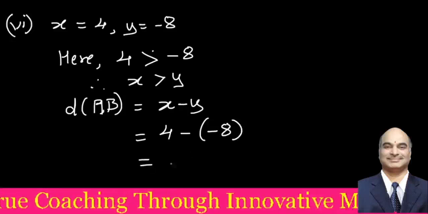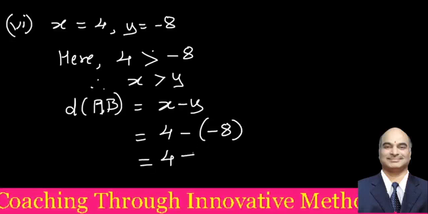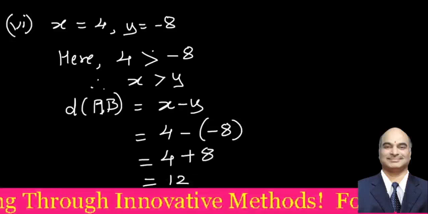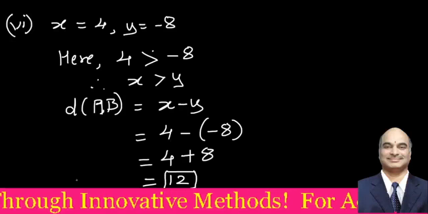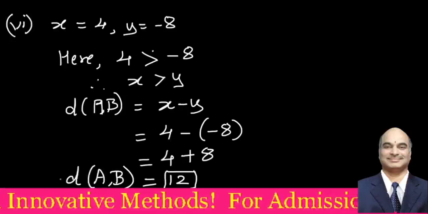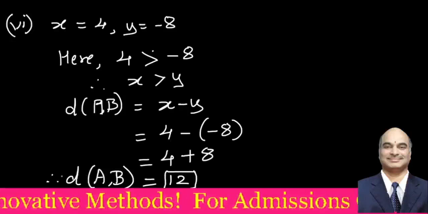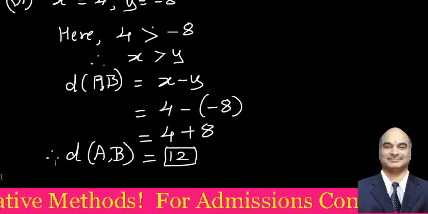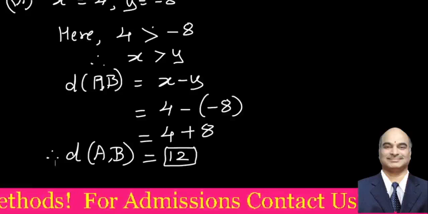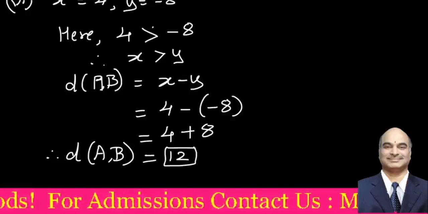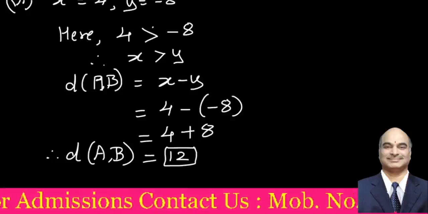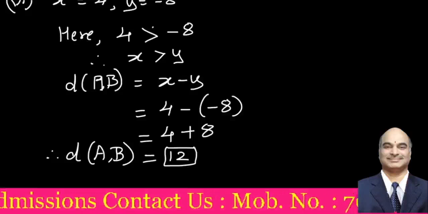As we know, minus into minus is plus, so 4 plus 8 gives the answer 12. Therefore distance AB in this case is equal to 12. So all the sums in question number 2 we have solved here. I hope you got all the answers and concepts clear.